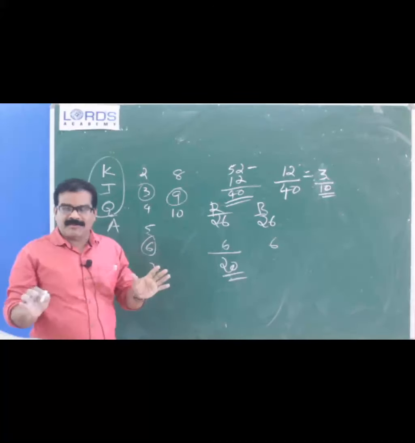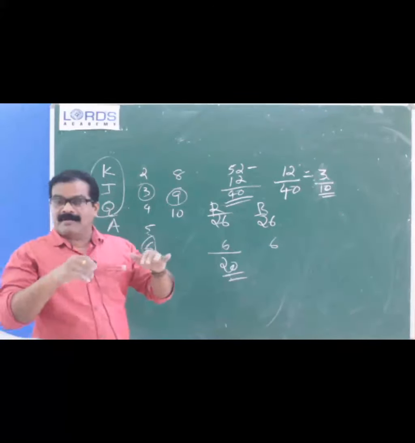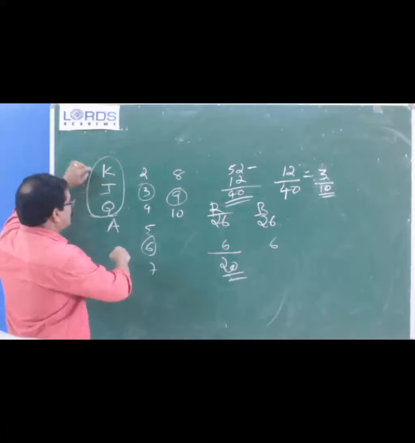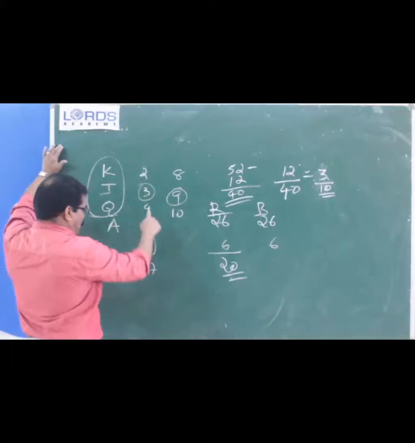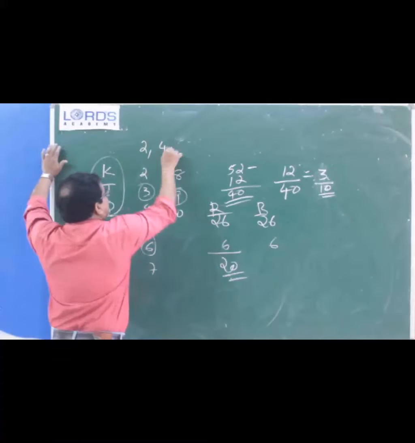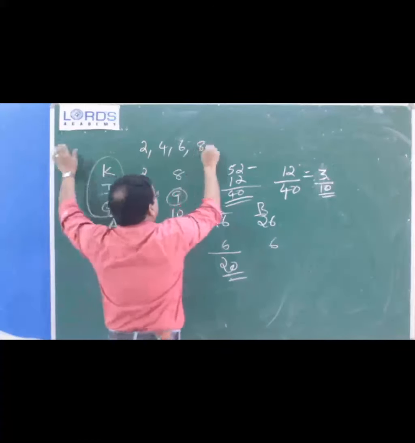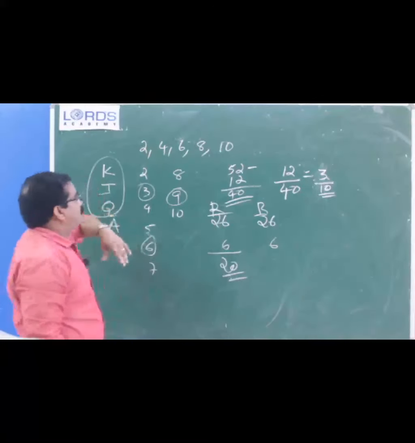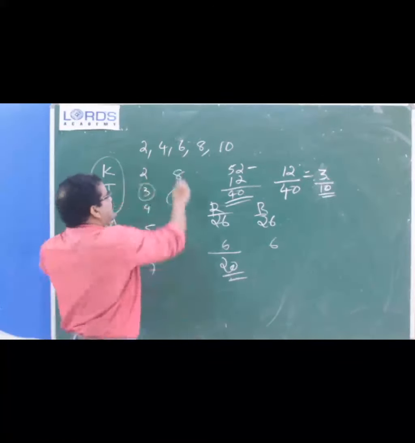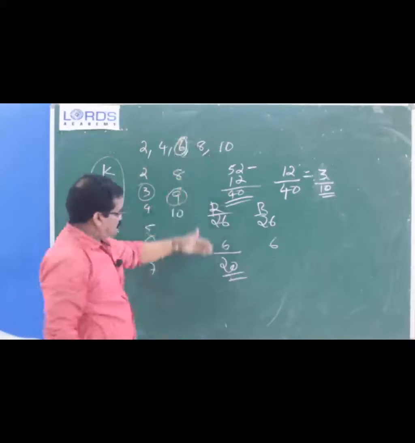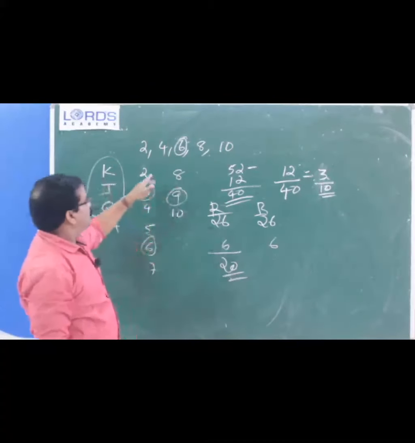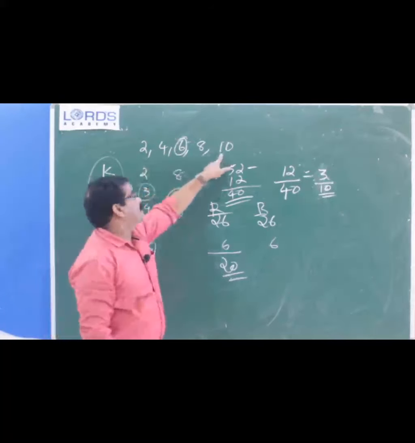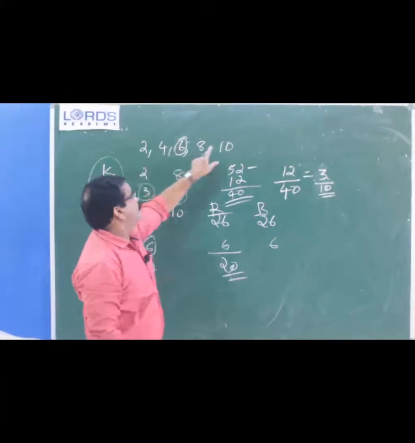Then you find the even numbers in the red cards. You can see 2, 4, 6, 8, 10. But 6 is already removed from this set. Then what is the number of favorable cases? 1, 2, 3, 4.